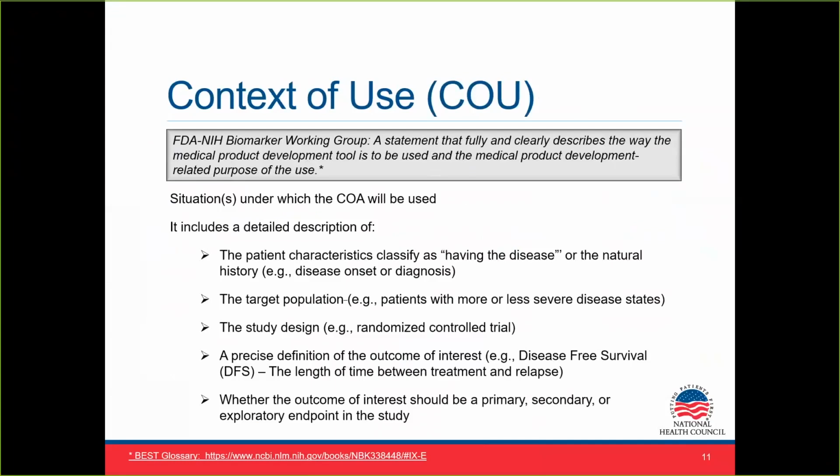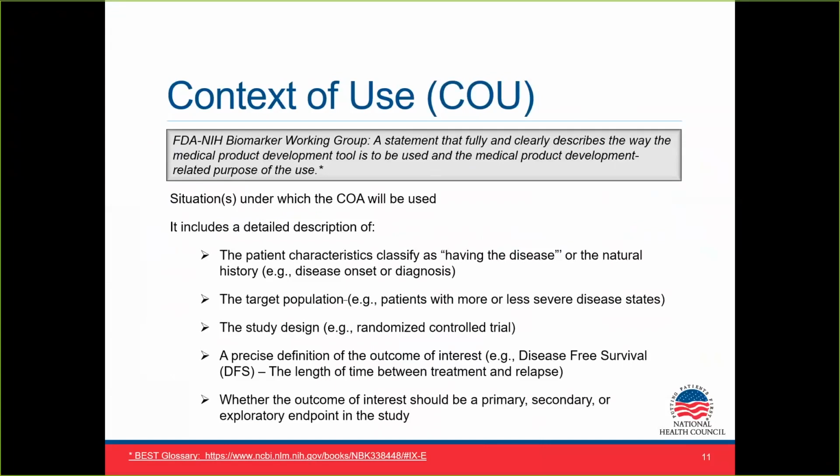It includes a detailed description of the patient characteristics and how they classify as having the disease or the natural history of the disease. That would be something like the disease onset or diagnosis, the target population, which is really important to know, which group you're exactly targeting with this instrument.